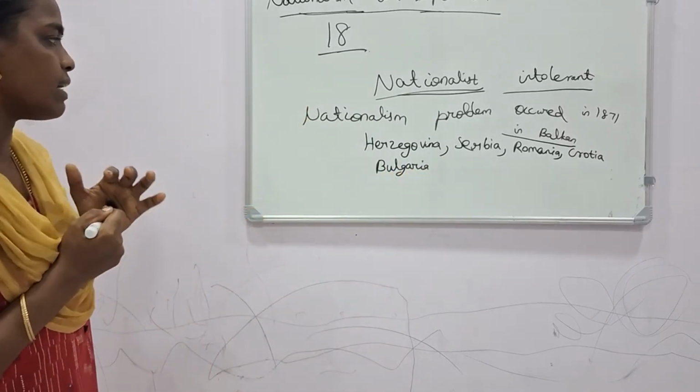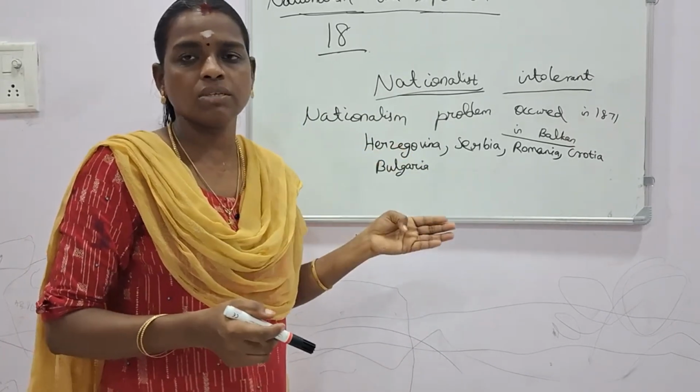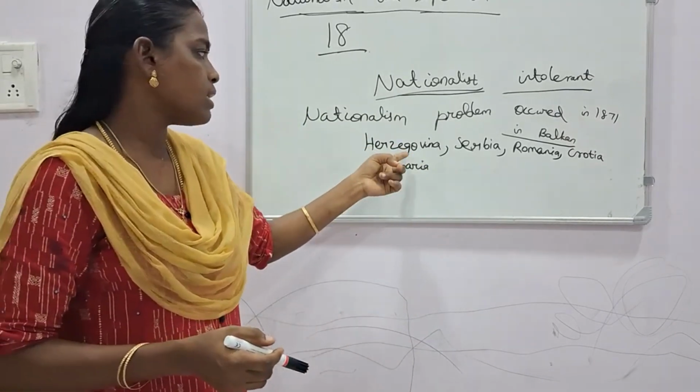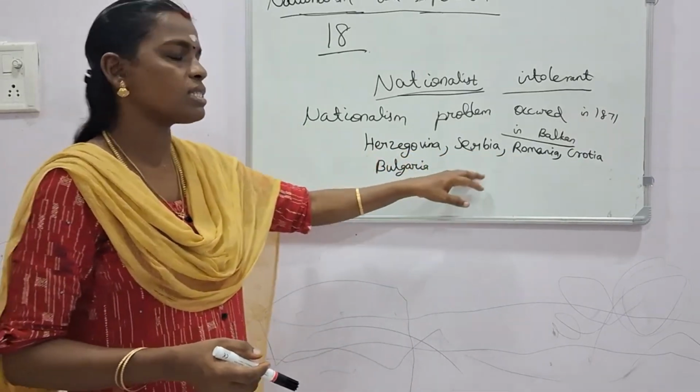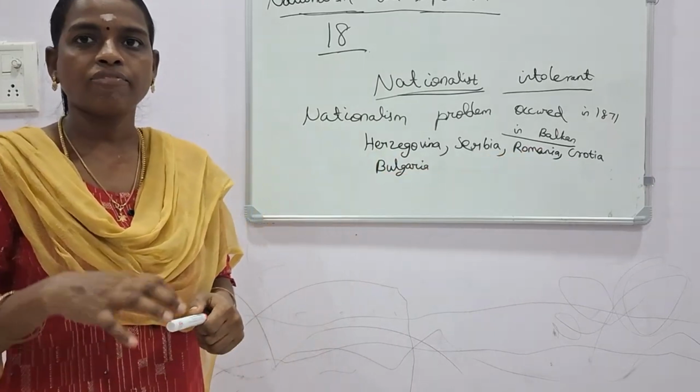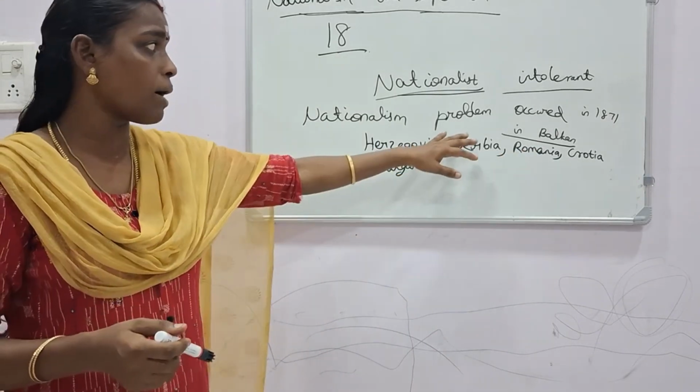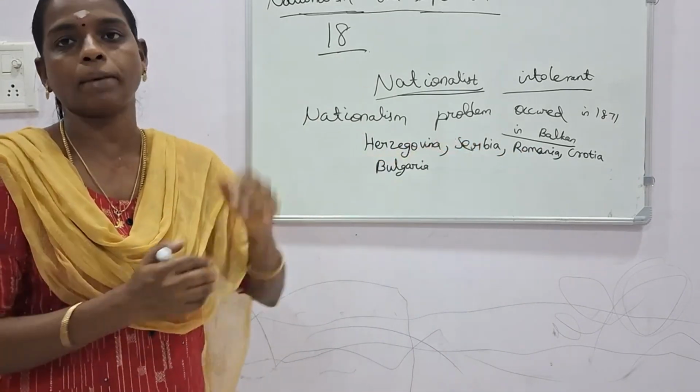Many territories were there. Like the places I have written on the board: Herzegovina, Serbia, Romania, Croatia, Bulgaria. These were the part and parcel of the Balkan region, and they fought among themselves. Actually, it was a part and parcel of the Ottoman Empire.